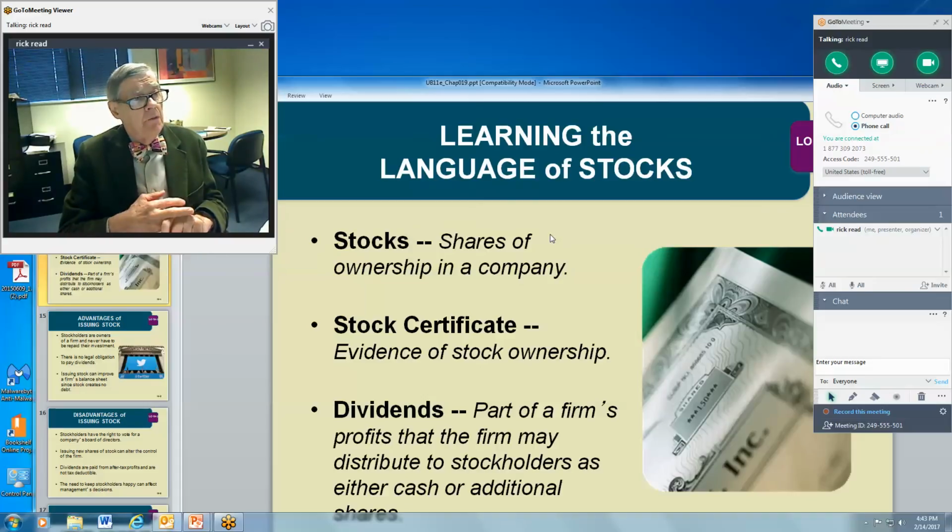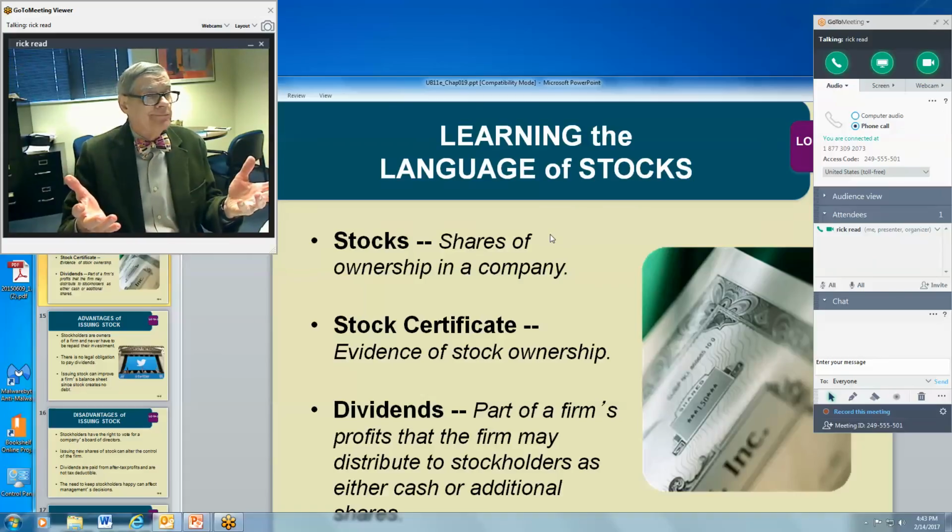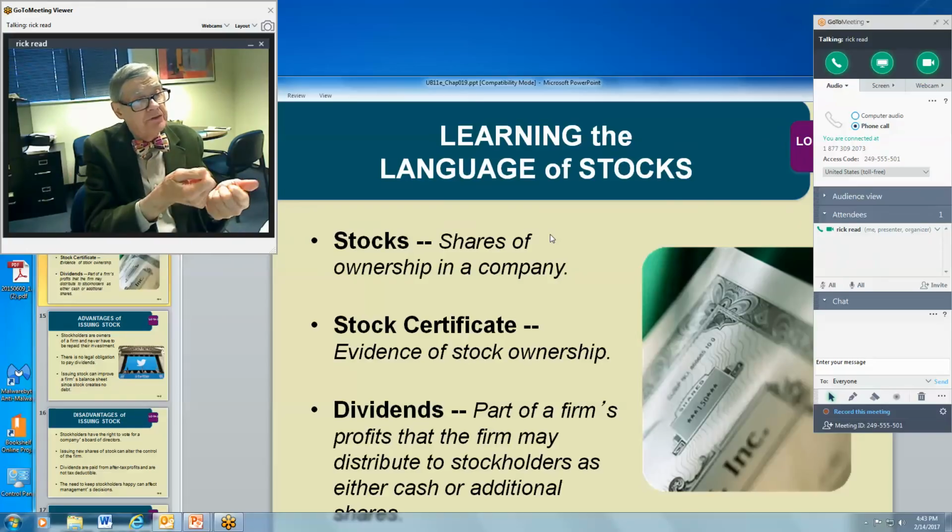That will be issued to you electronically, through, for lack of a better term, a holding company, and it will say that you own so many shares of this particular stock in this particular company. But you won't physically have something in your hands to say that, yes, I own this particular stock.